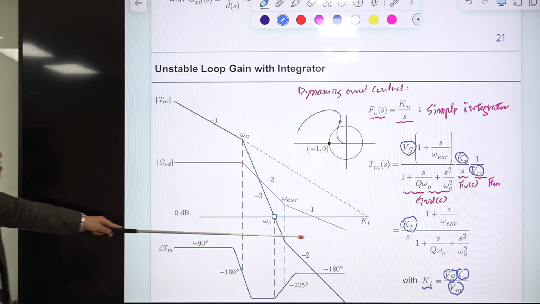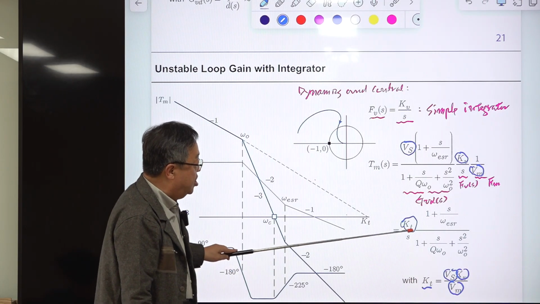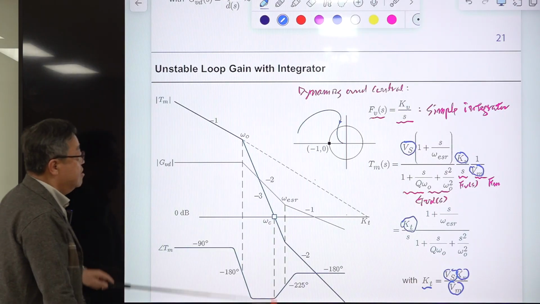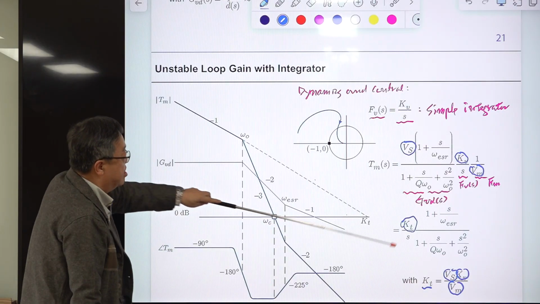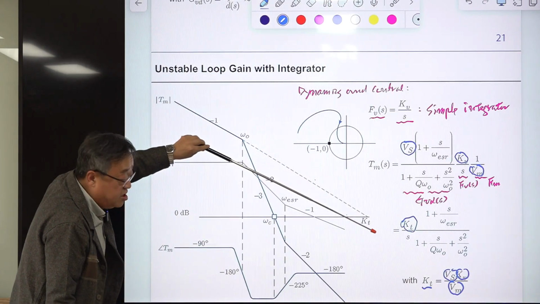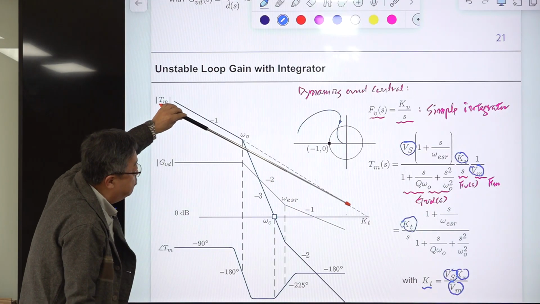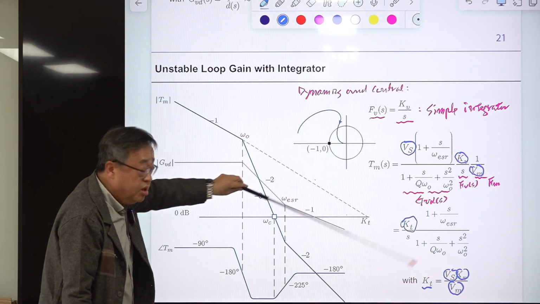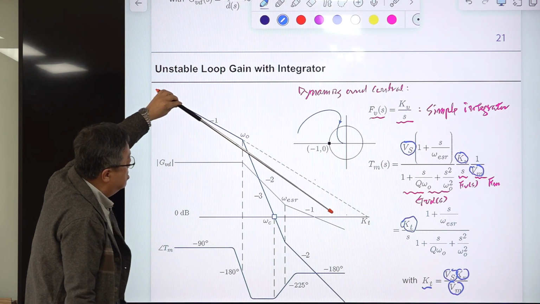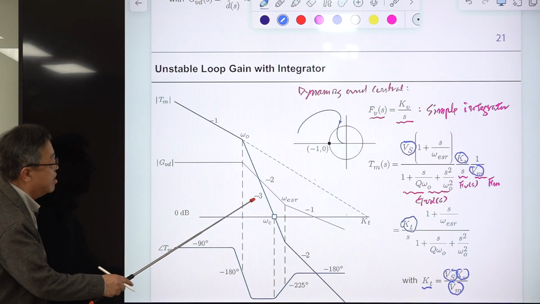You define KT as the new integrator gain. Then sketch this. KT divided by S is this line segment. KT is the integrator gain at this point, but before this you have a double pole. Slope originally is -1 and it is cut by -2, so it becomes -3.